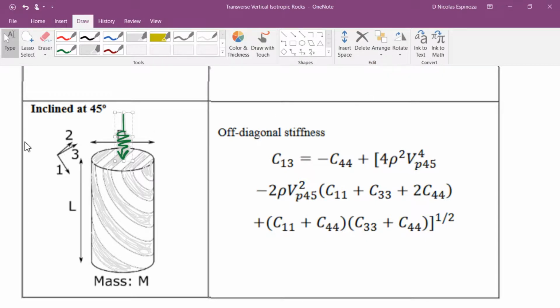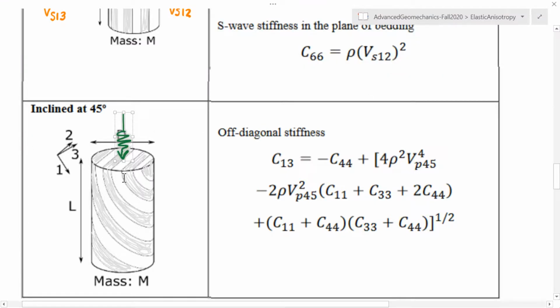Bring to front. Okay. And this P wave going through the layers inclined at 45 degrees is going to give me an average property of the linear stiffness in a direction other than the vertical or the horizontal.